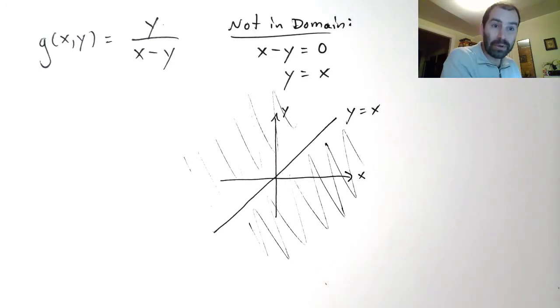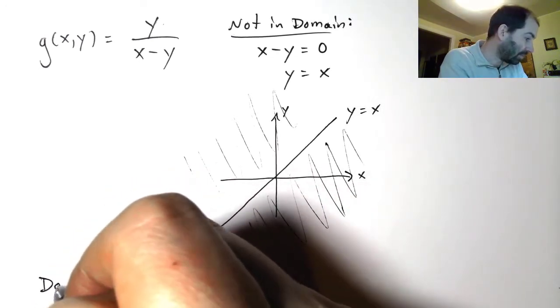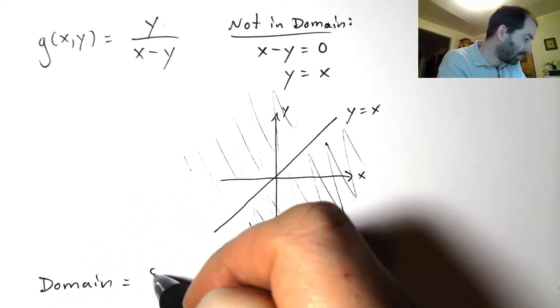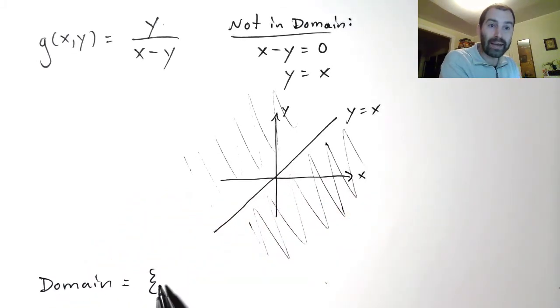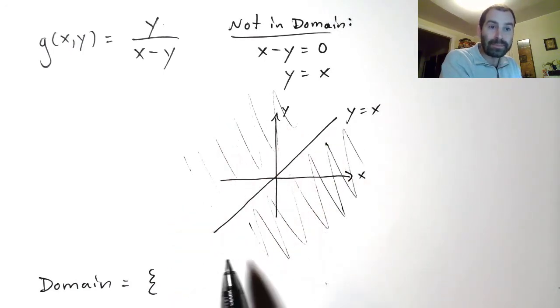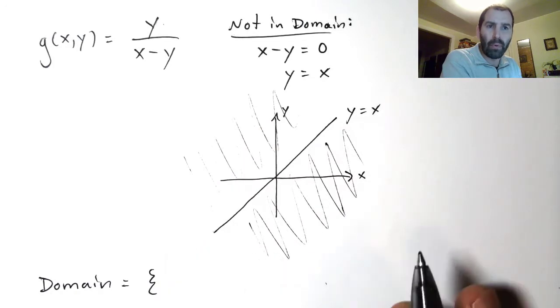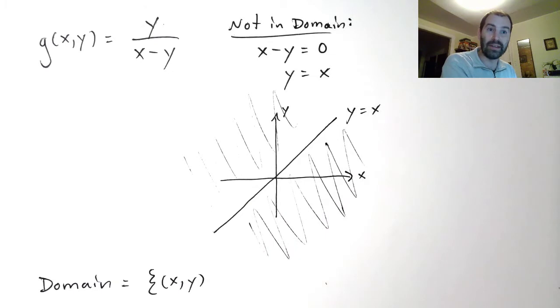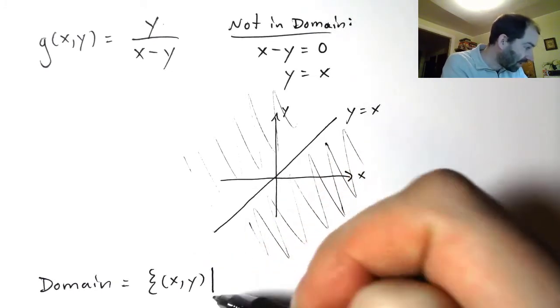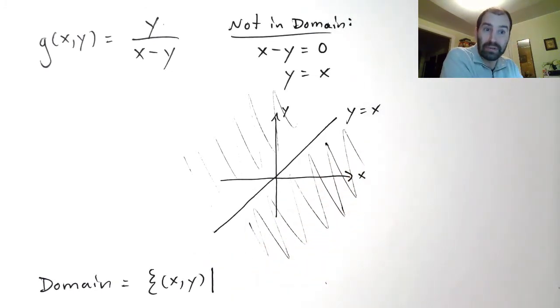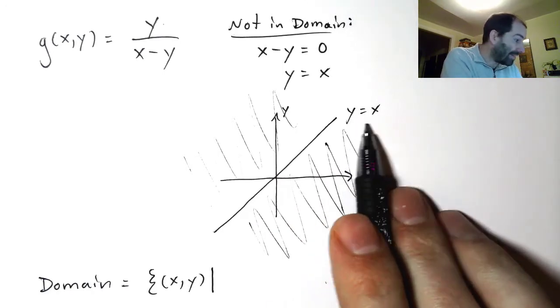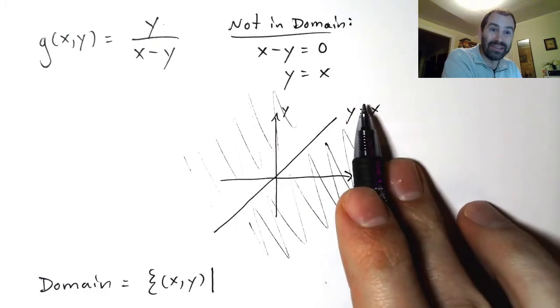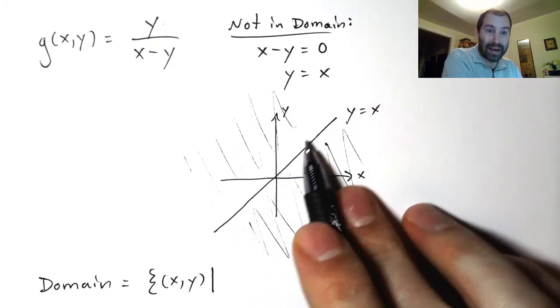So that's what I'm going to write down. Let's use set builder notation like we did before first. So notice I make an open bracket. It's the set of all what? Well, I'm in the plane, so I'm looking at points x comma y. So everything I'm looking at has this form. Then I put such that, and now I'm going to put restrictions on what the points could be. Well, I just need those points to not satisfy this equation, because that's what it means to not be in the domain.